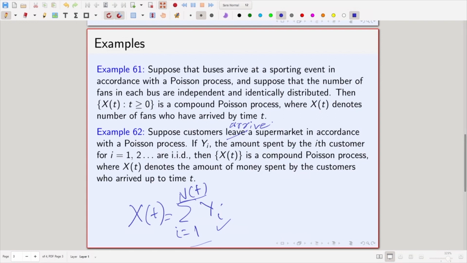So, suppose customers arrive at a supermarket in accordance with a Poisson process, and Y_i is the amount spent by the ith customer for i equal to 1, 2 and so on, and suppose that amount is IID.